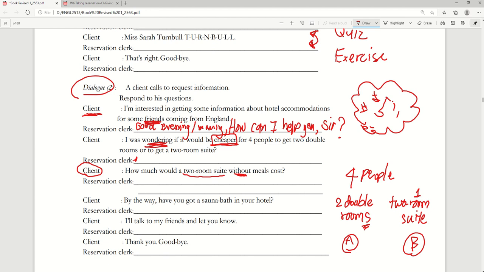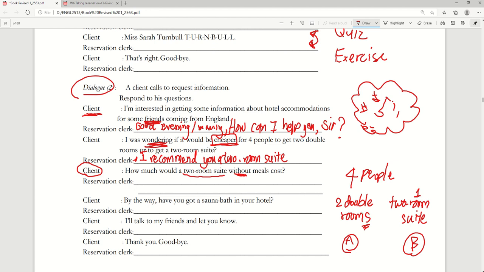So, I recommend you a two-room suite, but you have to include what?